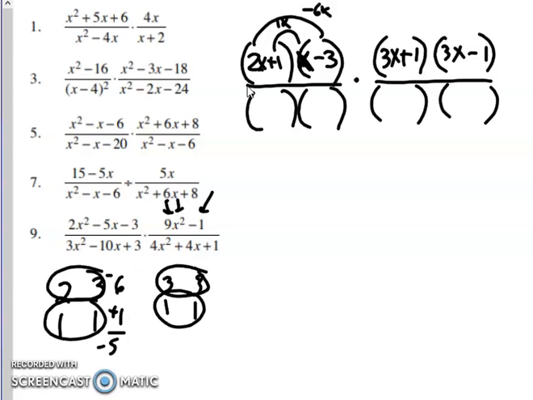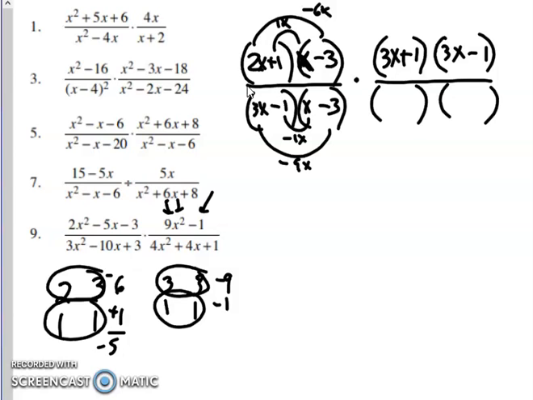So I'm going to multiply the 3's together and the 1's together and make sure that they're both negatives. So when I have the 3x, it's going to get multiplied to the 3, and I'll make sure it's negative. And then the 1x will get multiplied to the 1, that's the two 1's. And I'll make sure it's also a negative.